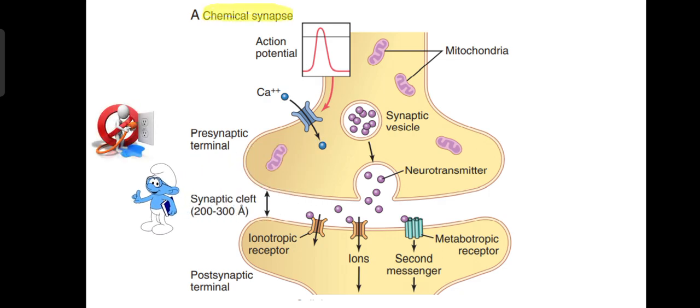As you see here in the chemical synapses, because of the presence of this space between the cells, the action potential cannot be transmitted directly. Therefore, another way of communication is used, a chemical way of communication, releasing what we call neurotransmitters.